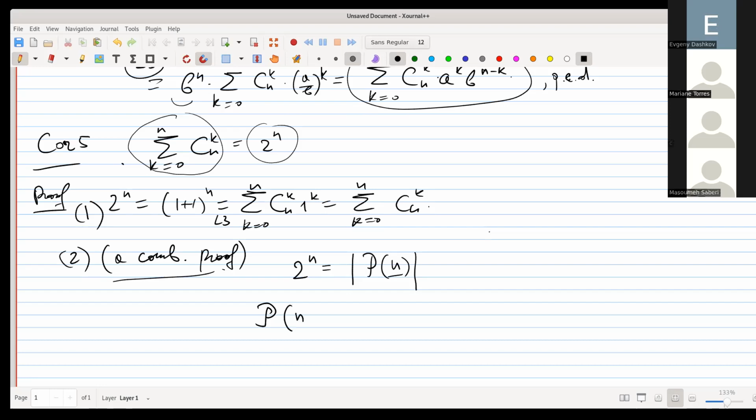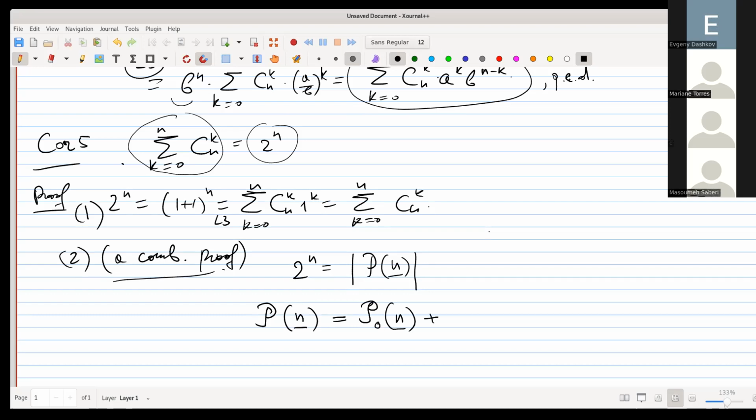But every subset of an n element set may have how many elements? How many elements can we have in a subset of an n element set? At most n. From 0, so we may have 0 elements.